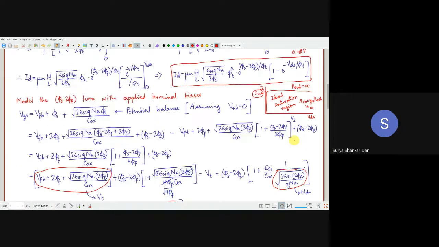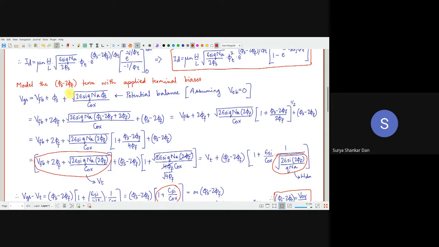Very good. So now, once we have understood that, let us understand what is the influence on this VGS part. But the issue is, this is related to the surface potential. How to get hold of the VGS expression over here. This is all about modeling, okay? So mathematical modeling. We have to model this phi s minus 2 phi F term with the applied terminal biases.